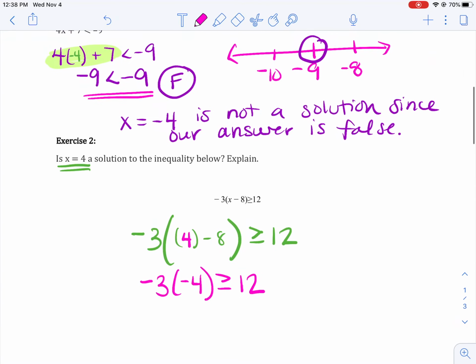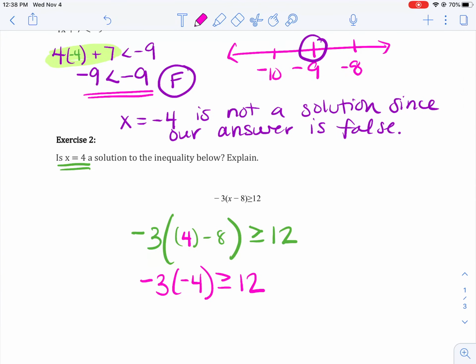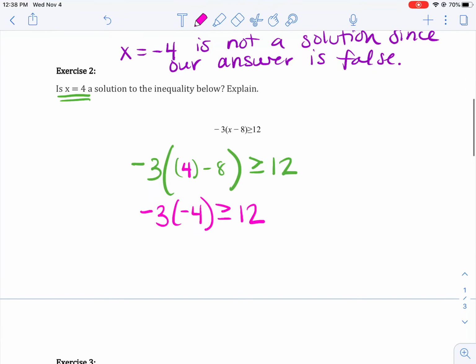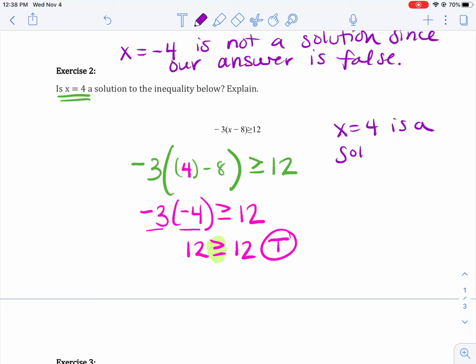If I look at that answer, a negative times a negative is a positive. Is 12 greater than or equal to 12? Well, now we have that equal to part, right? So this is true. If this is true, that means x equals 4 is a solution, since it makes our inequality true.